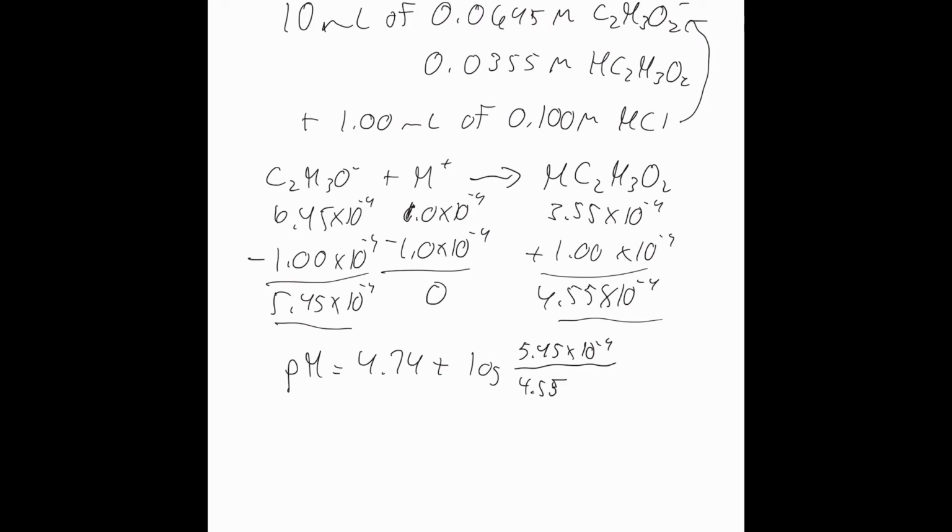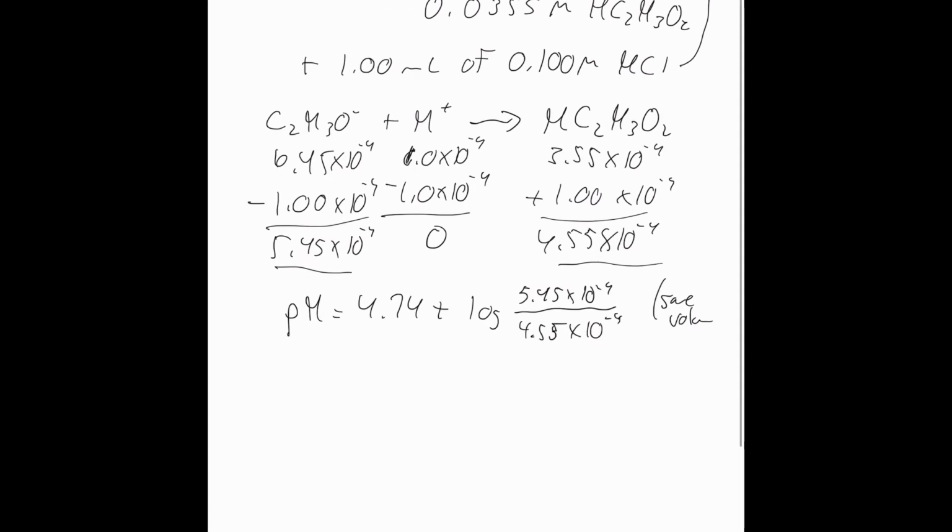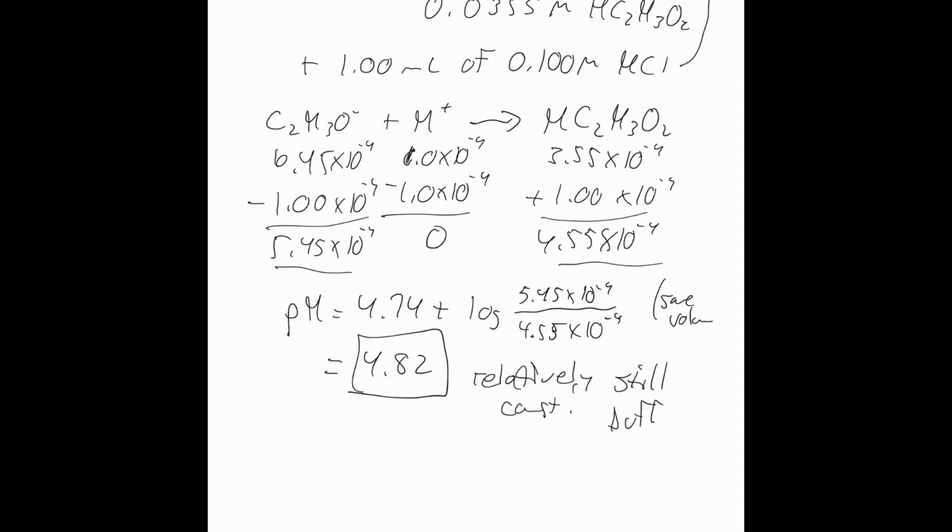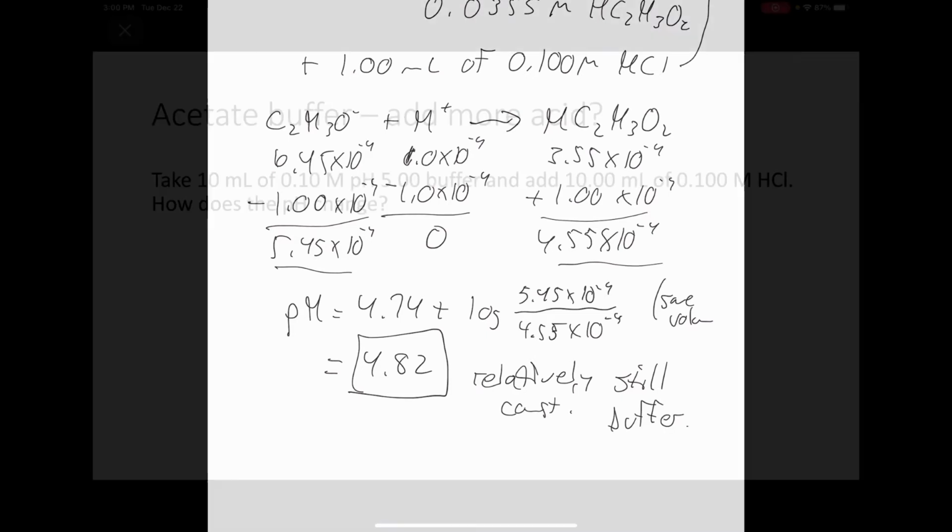Or I could recognize that my 4.55 times 10 to the minus 4 is also going to be divided by the same number, so they'll divide out. And so we're left with this because they have the same volume. All right. And so that means if we solve this, we get a pH of 4.82, relatively constant. So it's still a buffer at that concentration of acid.